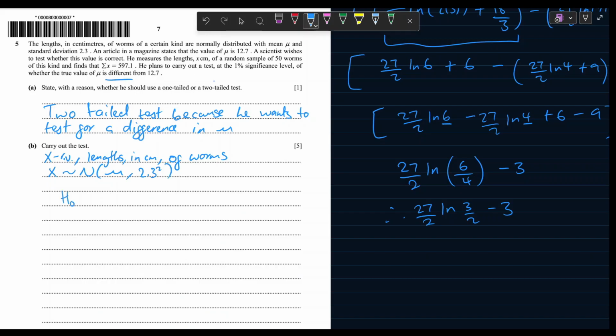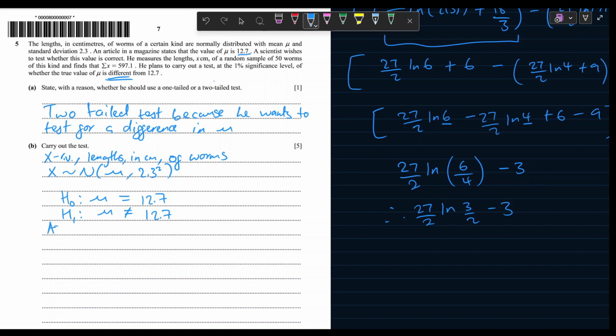Now we need our hypotheses. H naught is that mu has not changed, mu is still the same, so that would mean mu is 12.7. And then H1 is that mu is different, so mu is not equal to 12.7.